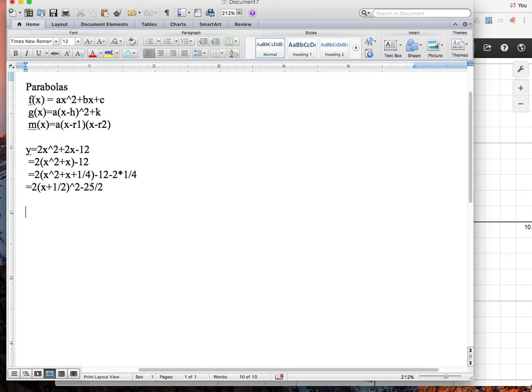I'm also going to look at what happens if I try and do it in factored form. And in factored form, this is my original equation.